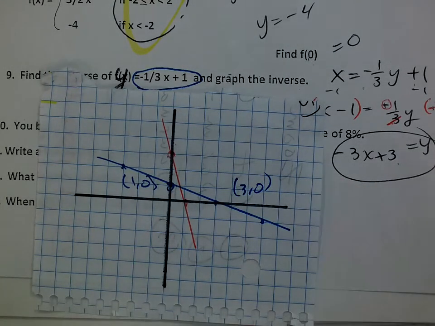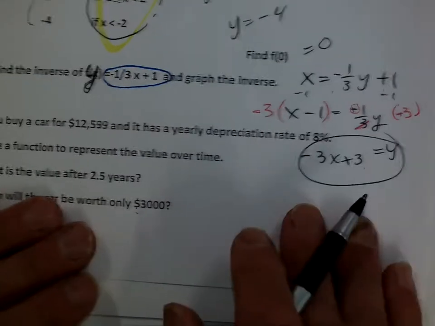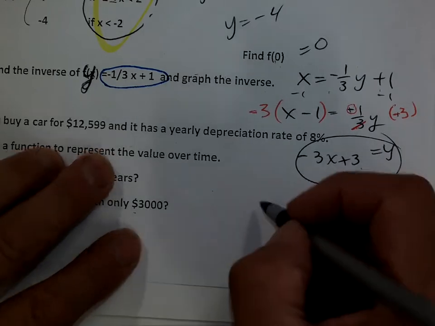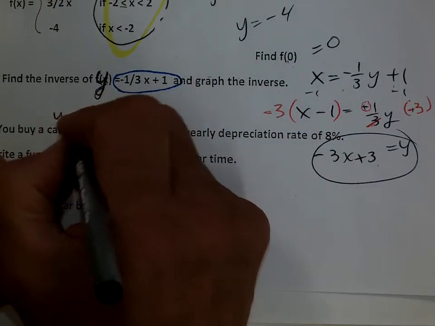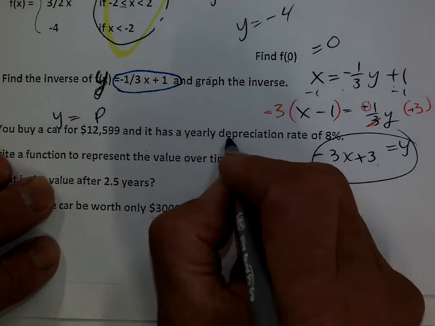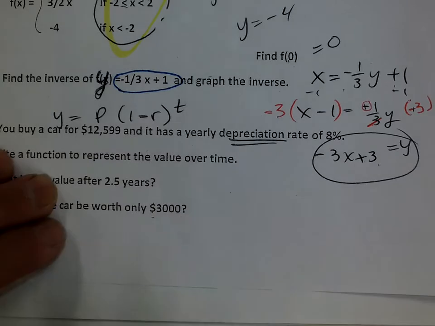Okay, almost done. All right, here's my car. Obviously, it's not a very nice car because it's only worth $12,000, but still, it's a good car. It depreciates. So we did this yesterday. So I'm going to use my formula, which is, remember, since this is depreciation, y equals p times 1 minus r to the t.